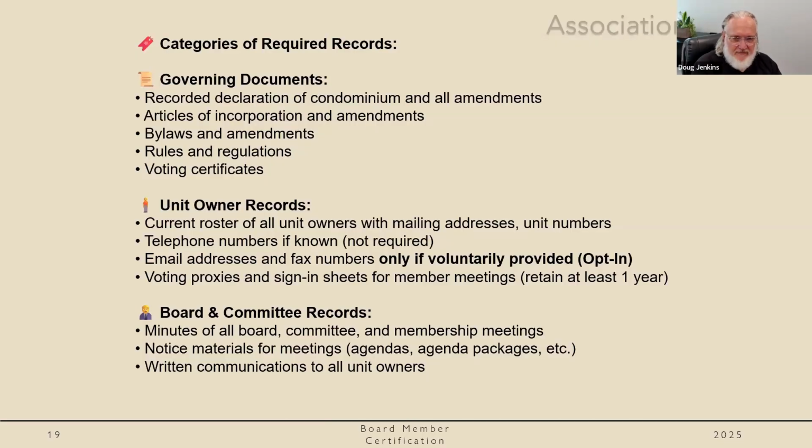So what are the categories of those required records? Well, we just went through the governing documents, and we're going to add voting certificates to those governing documents if that's something you're required to have.